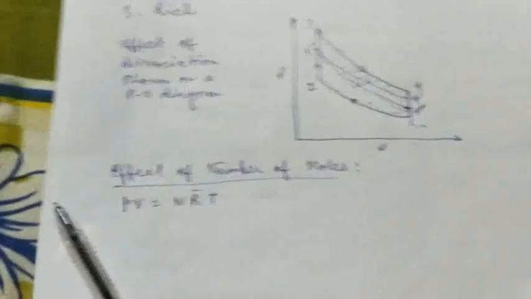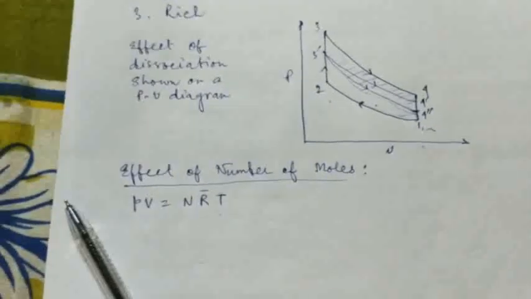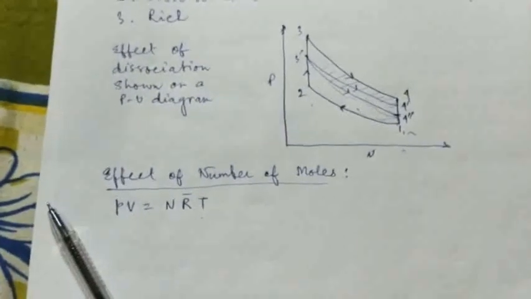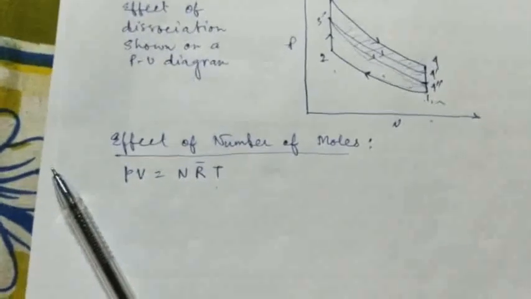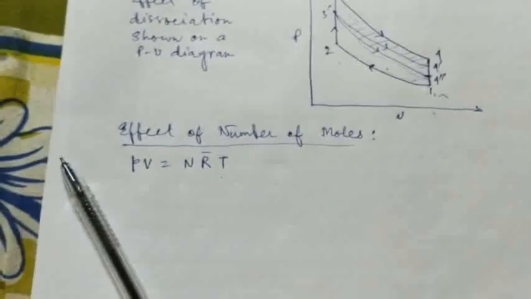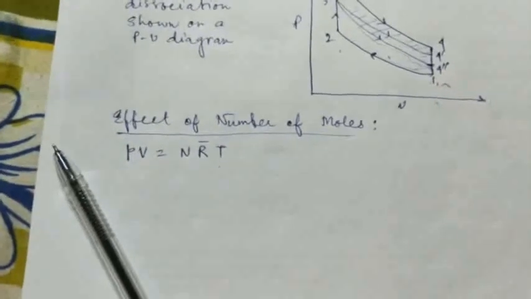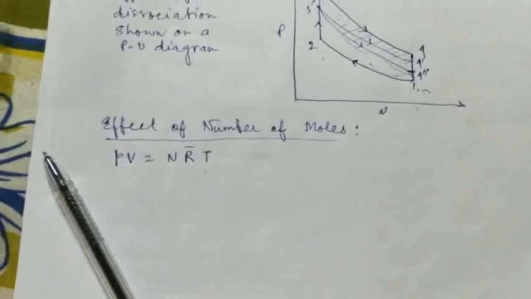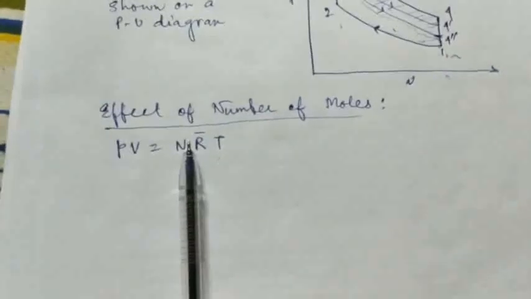Now our next point is the effect of number of moles. As already mentioned, the number of molecules present in the cylinder after combustion depends upon the fuel air ratio, and the type and extent of reaction in the cylinder. According to the gas law, we know PV equals nRT.